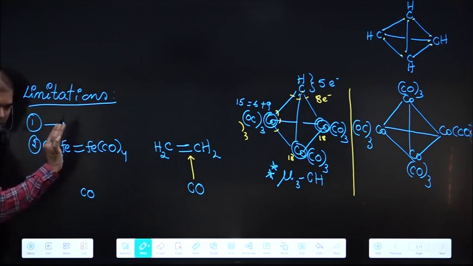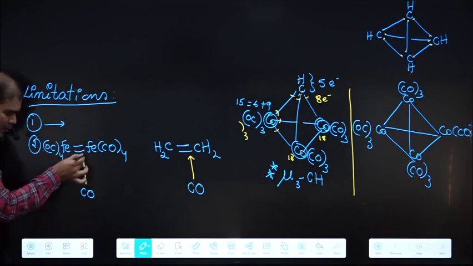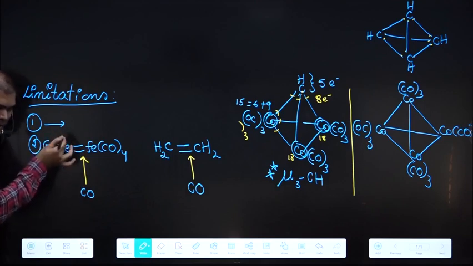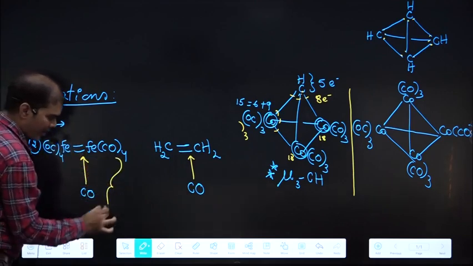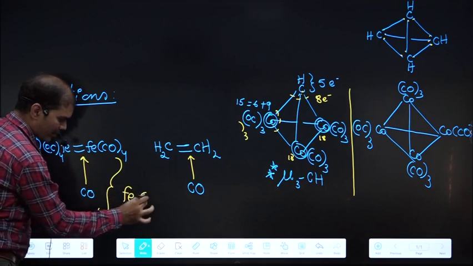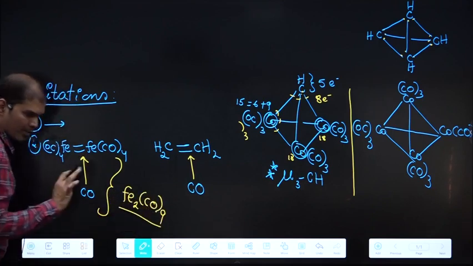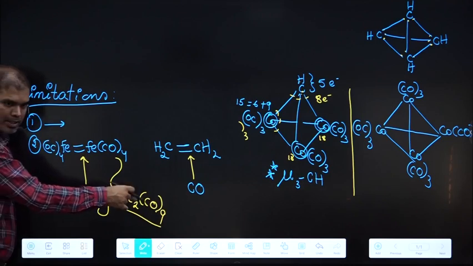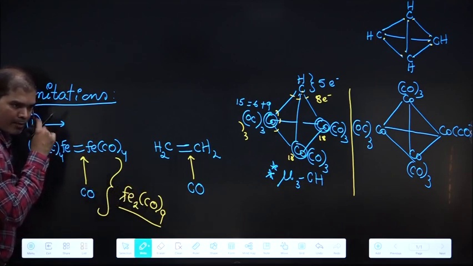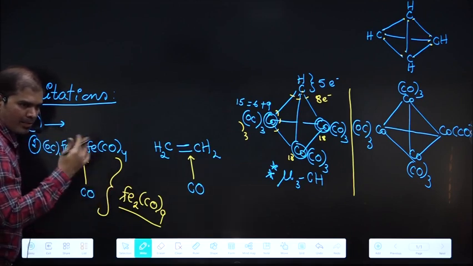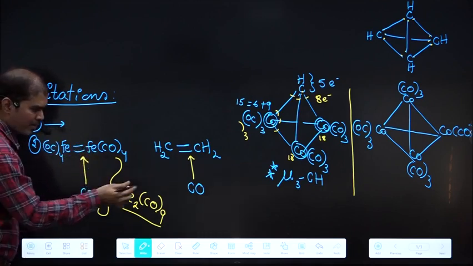You have to maintain separate conditions. But for Fe2(CO)8, immediate addition will occur. As and when you add a CO, it will immediately take it up and form Fe2(CO)9. The structure we have already seen. What is the structure of Fe2(CO)9? Confacial bioctahedra. 2 octahedrons are sharing a common triangular face.